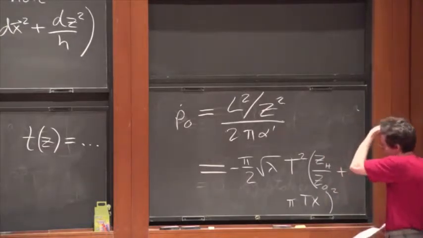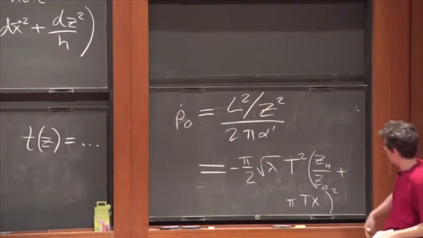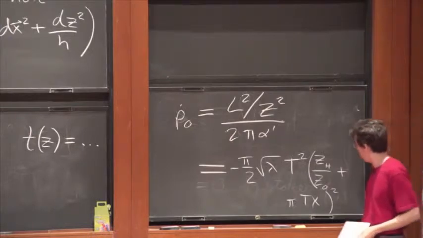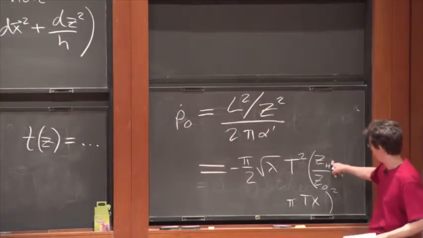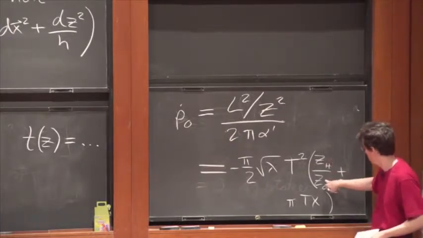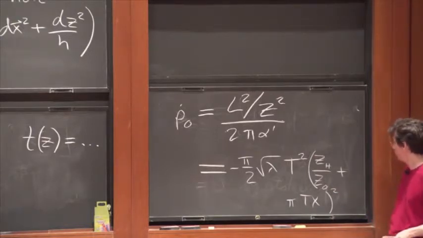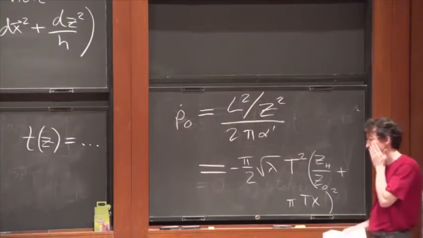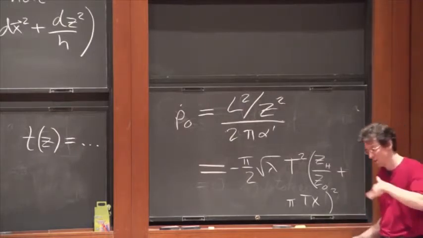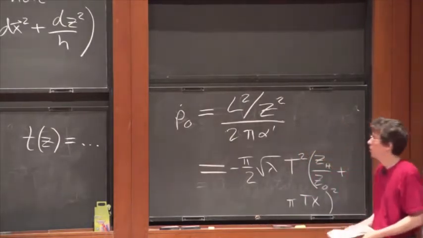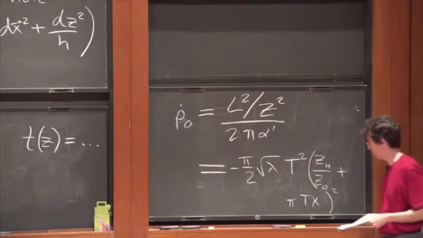Okay, so in this last formula, there's only one thing that refers to the bulk, and that's this first term, this question of what z naught should be. And here I want to be practical. I want to say that in order for a quark to get a long distance, it's got to have relatively slow energy loss.